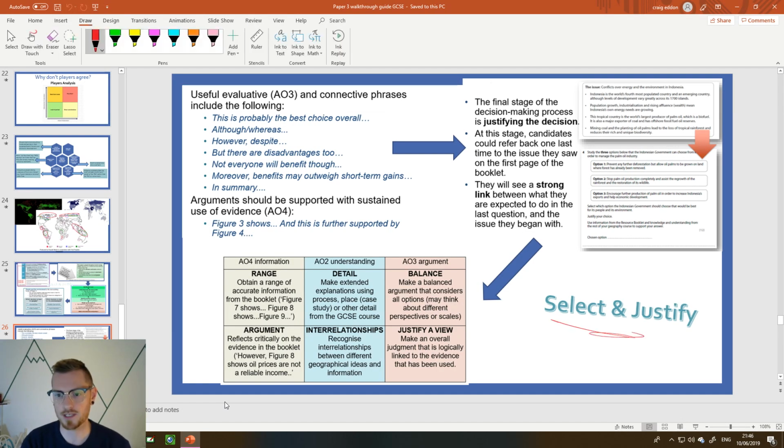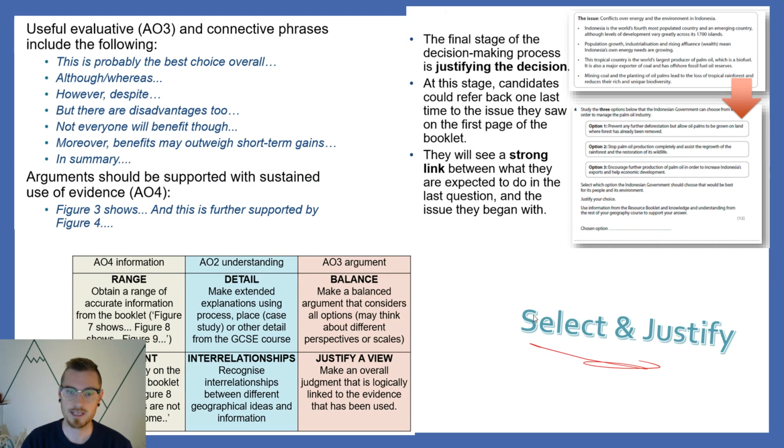Last little bit here then, in your select and justify question, six things to help you hit that AO2, AO3, and AO4. AO2 is your understanding. Make sure that you make detailed, extended explanations. So use the key phrases I like: this leads to, this means that, as a result, after your points to develop them. Try bringing in other information from the GCSE course outside of topics 7, 8, and 9.